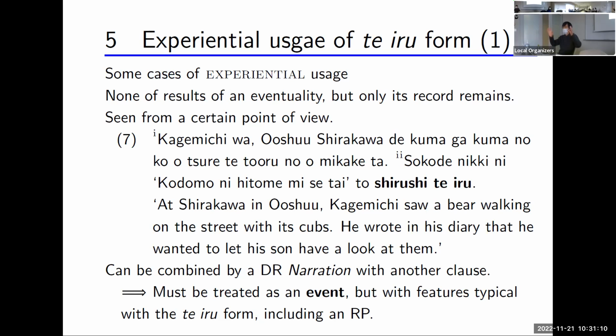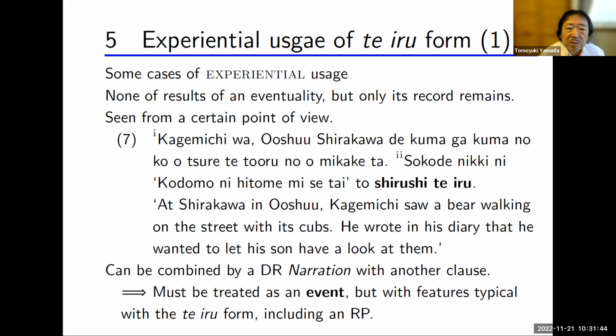So at a certain time in the past, the action of writing a diary has been finished, and the result remains. With 書いていた, 記していた, and 記している, in this case I don't know if the diary remains here, but the record remains.